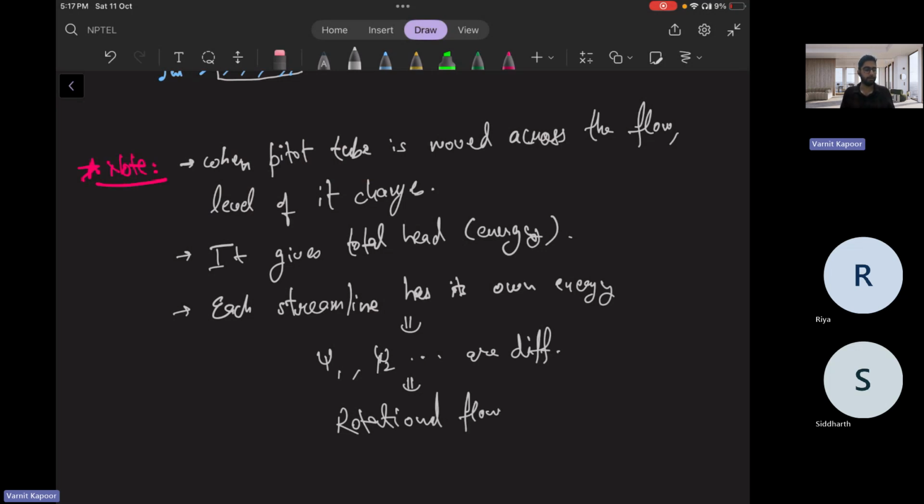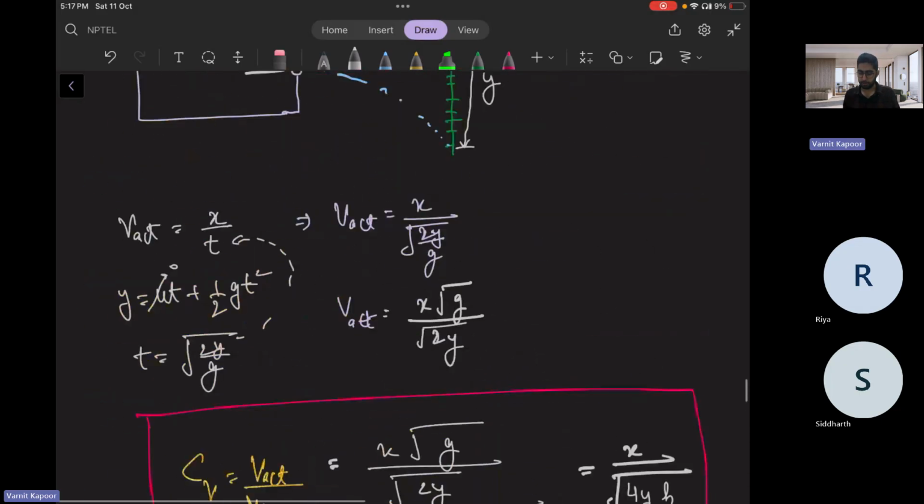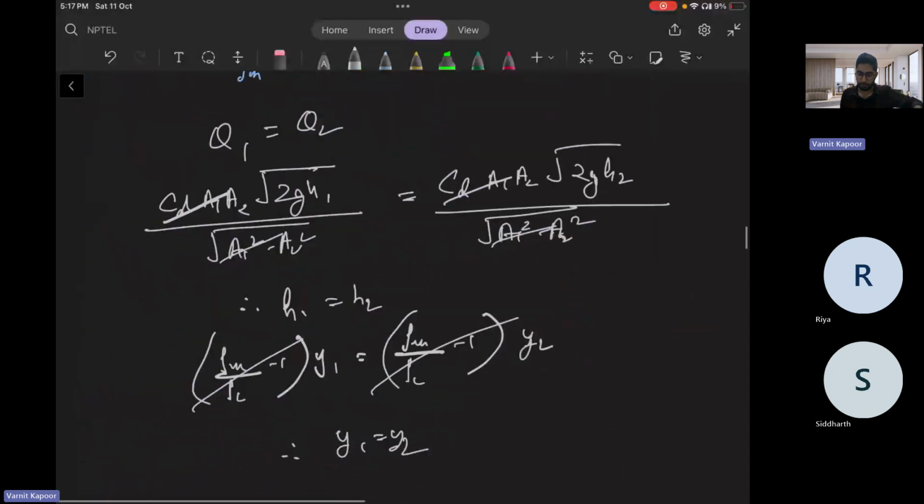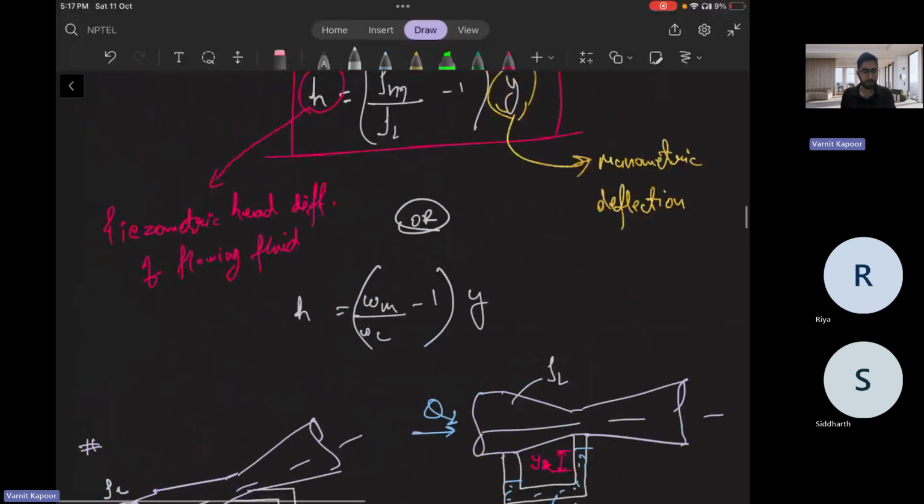Okay, rotational flow. Now let's come to the impulse momentum equation. But before that, I want to just make a note on the venturi meter side. If I have a venturi meter and my manometer is attached, suppose the fluid inside the venturi meter is lighter, not having a higher pressure difference.